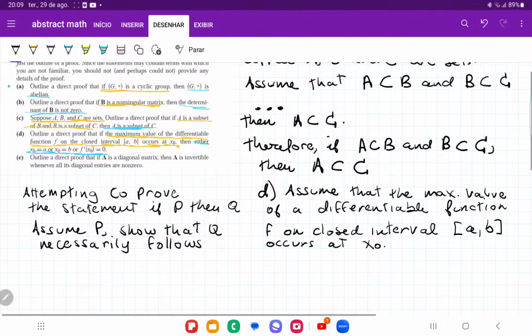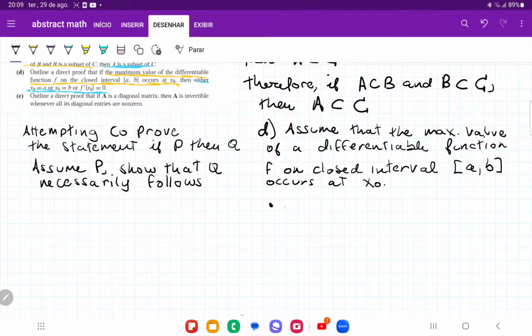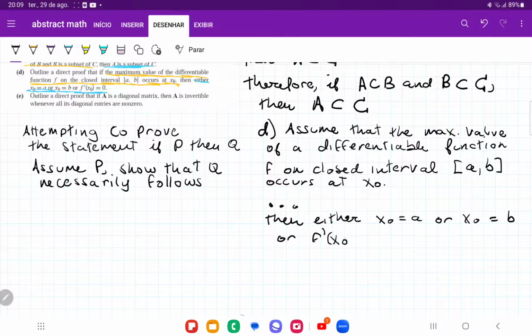Once we have assumed this, then we would have to develop our proof, and we would have to show the conclusion, right? Our conclusion is marked in blue. Then either x naught is equal to A, or x naught is equal to B, or f prime of x naught is equal to 0.